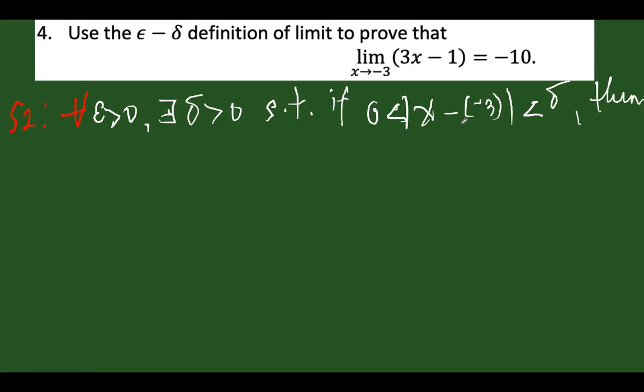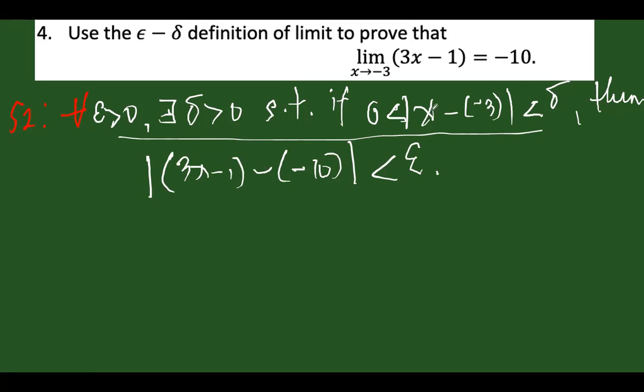We will get the absolute value of 3x minus 1 minus -10 is less than epsilon.